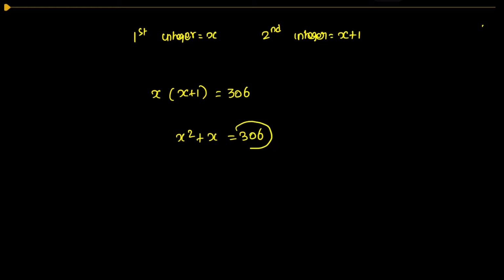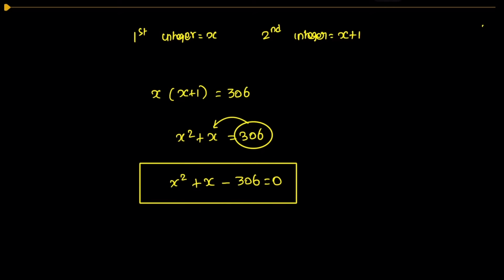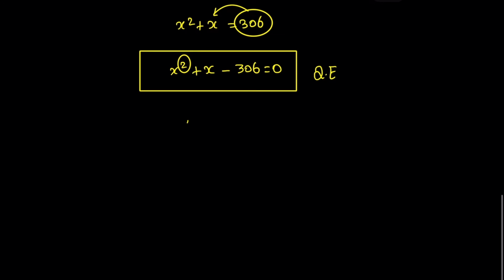So now this one is moving to here. So x square plus x minus 306 is equal to 0. And the maximum power is 2, so this part is a quadratic equation. And we can write it in the form of ax square plus bx plus c is equal to 0 format.